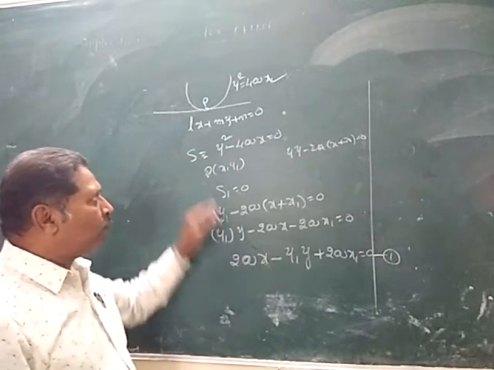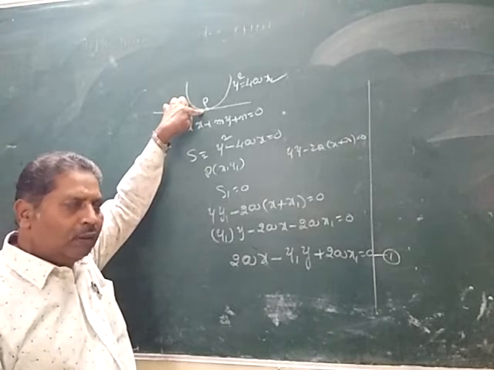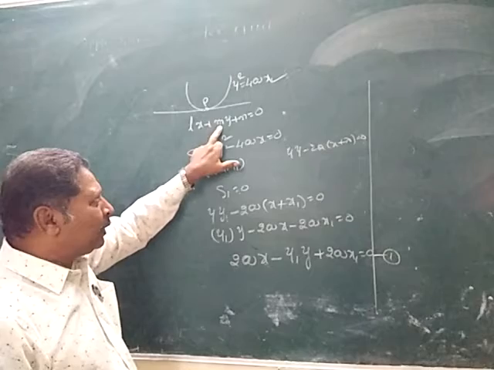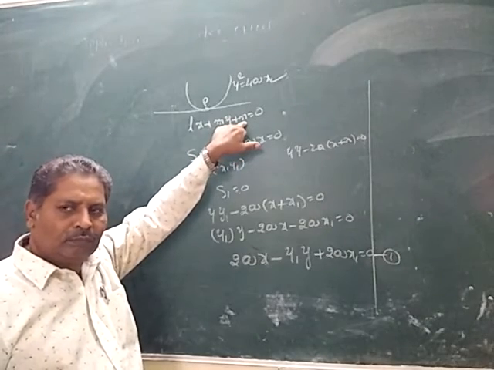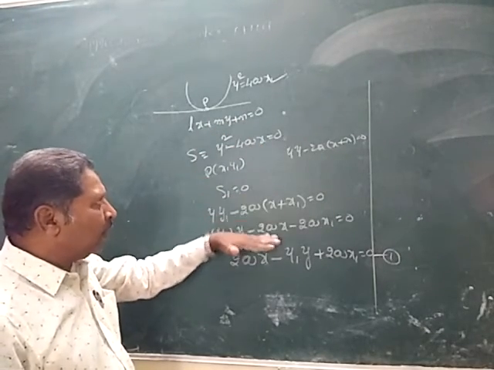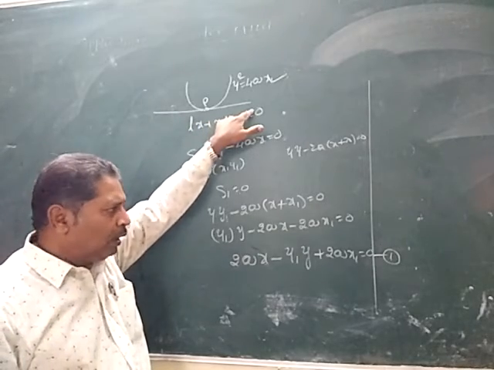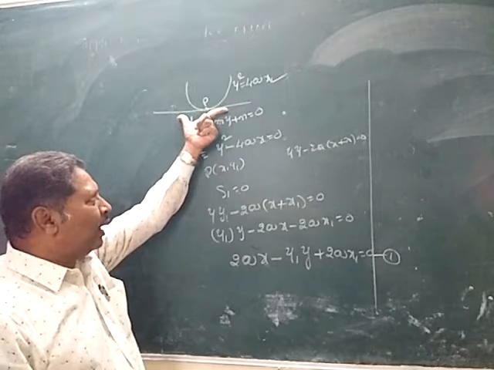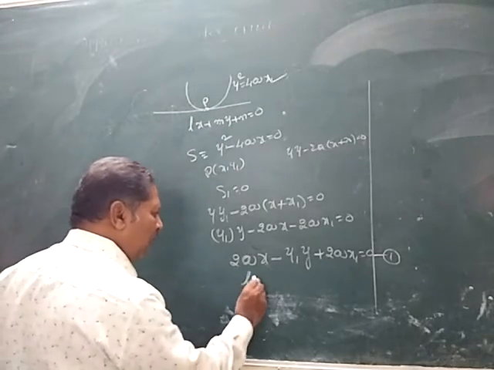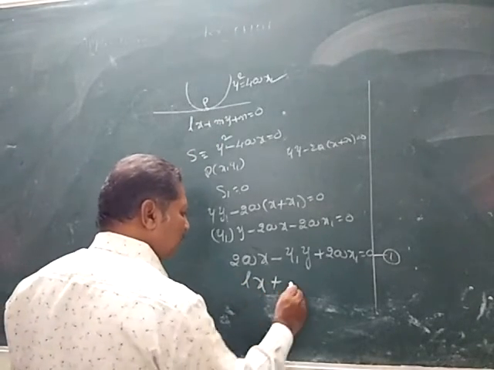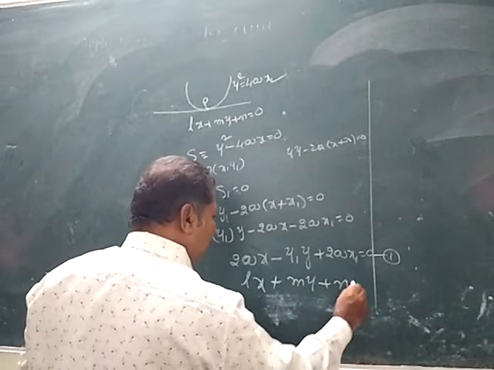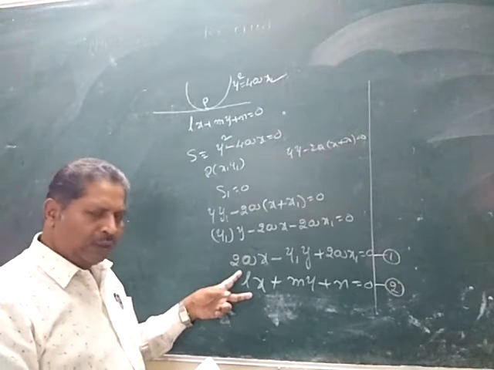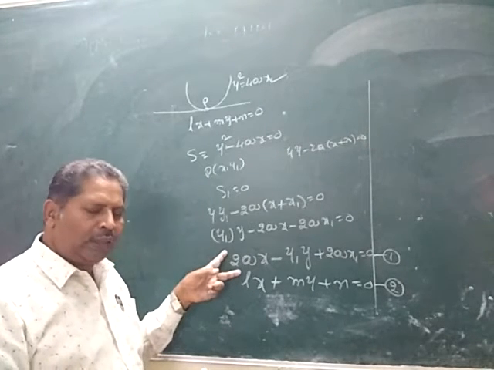This is the equation of the tangent at P. But the given equation of the line is Lx plus My plus N equal to 0. This is the given line equation, and this is the line equation we calculated.